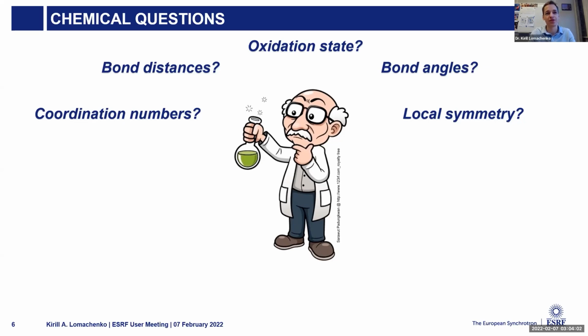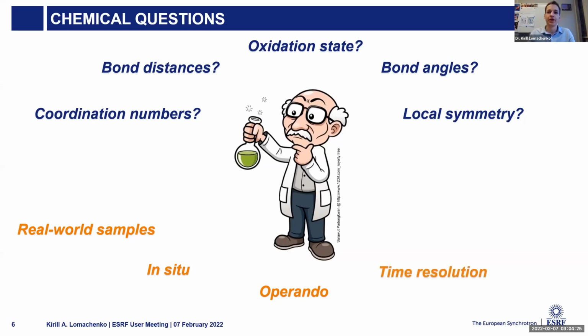No, you want the answer for real world samples, so your actual catalyst or battery or whatever you're studying. You need the answers very often in situ and operando, so when your catalyst is catalyzing a reaction, when the battery is charging, so on, with a time resolution that is characteristic to the process that you are studying.